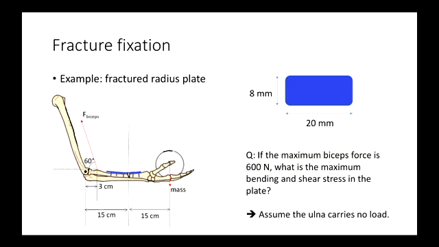Right, so the first thing we do, solve this. Sum of forces, so we'll do the x direction. Sum of forces in the x, 0 equals Rx, subtract F biceps cos of 60.